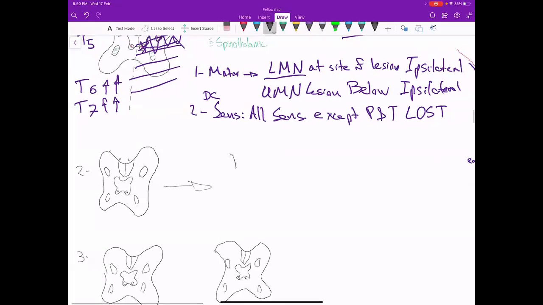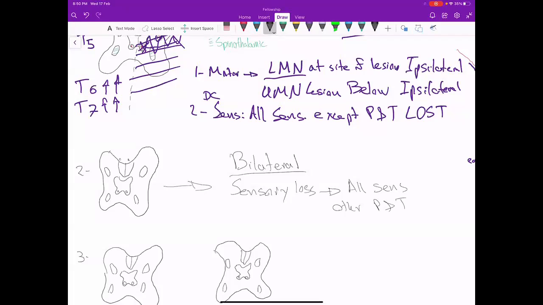So let's say it is bilateral. What do I have? Is it motor or sensation? I have bilateral, let's say, sensory loss. Excellent. What type of sensory loss do I have? So you tell yourself, okay, pain and temperature are there. That's good. But I lost all sensation other than pain and temperature.